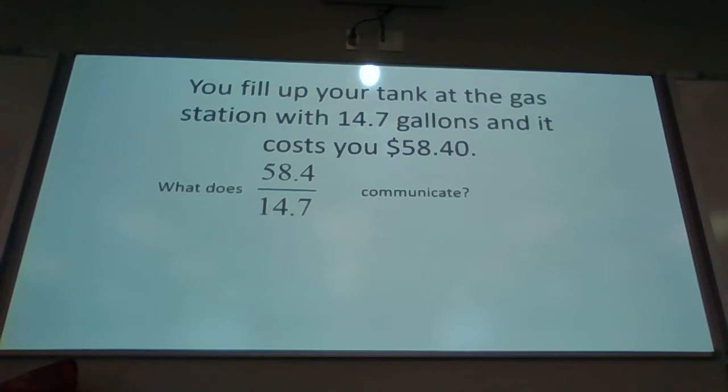So this ratio of 58.4 over 14.7, we can find the answer to that with a calculator. That's easy. But what does that communicate? What is that ratio?